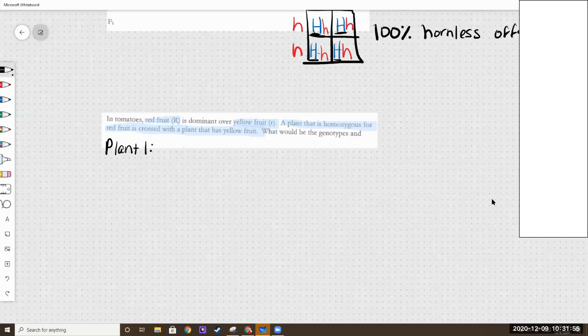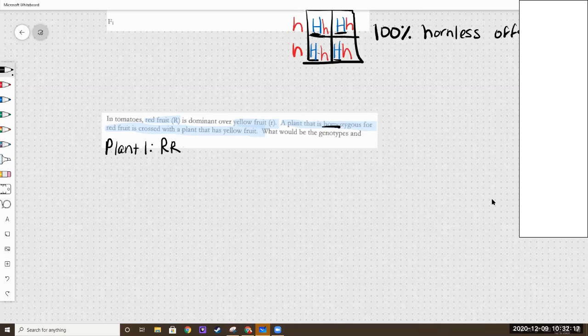Okay, so remember what homozygous means. Homozygous means we either have 2 capitals or 2 lowercases. You cannot have a mix of both because then that's hetero. So homozygous for red fruit is capital, so for plant 1, we have capital R, capital R.